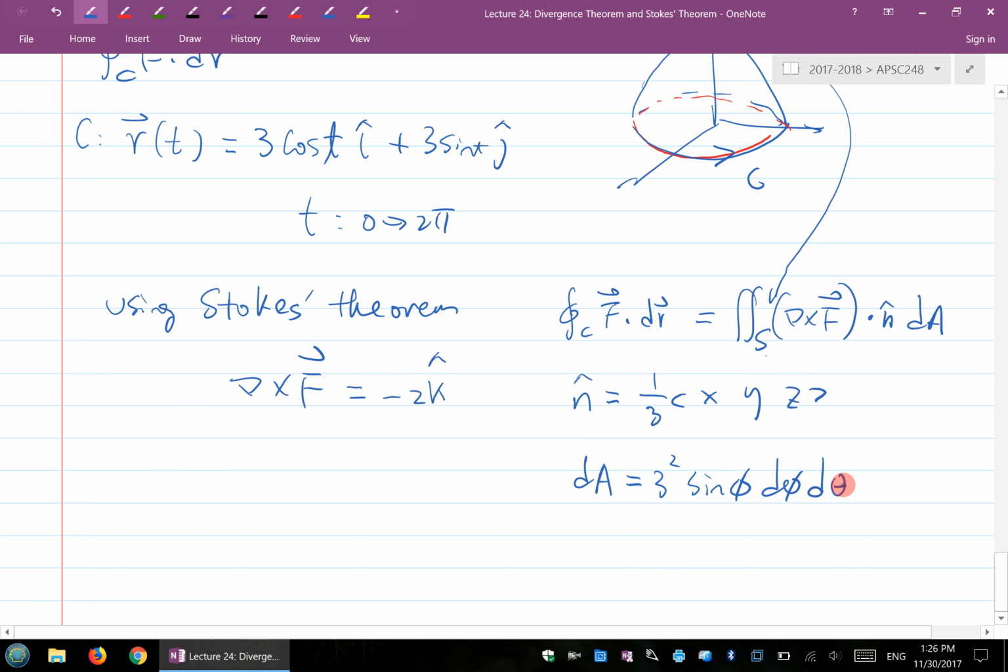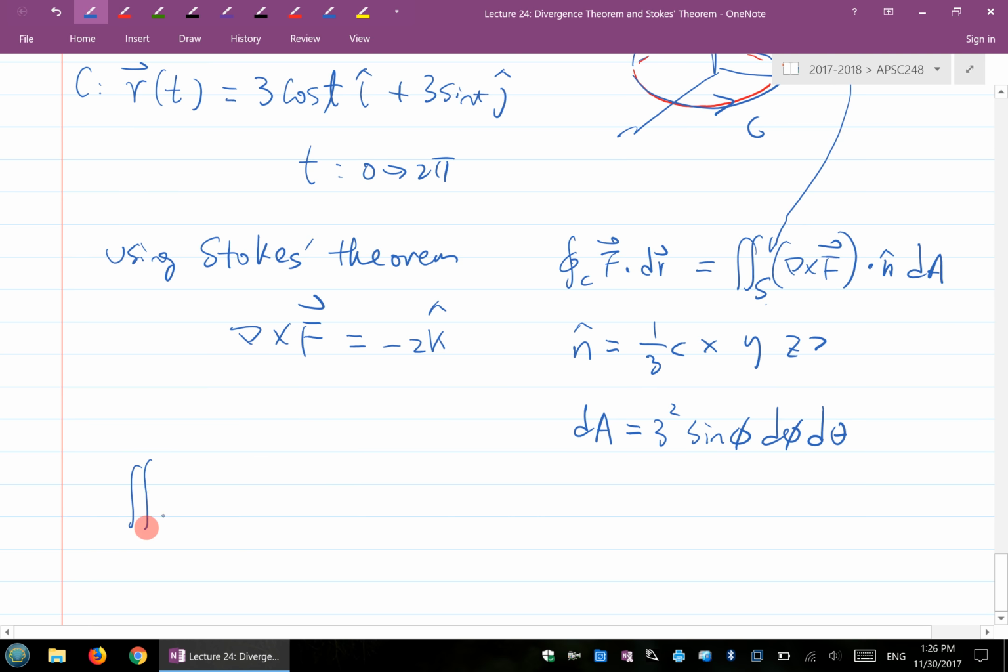So now let's put things together. Let's look at this surface integral. What does it equal? Del cross F is (0, 0, -2), dotted with this n hat, 1/3 (x, y, z), and dA is 3 squared sine phi d phi d theta.